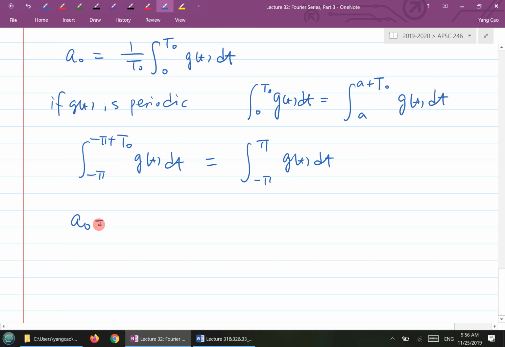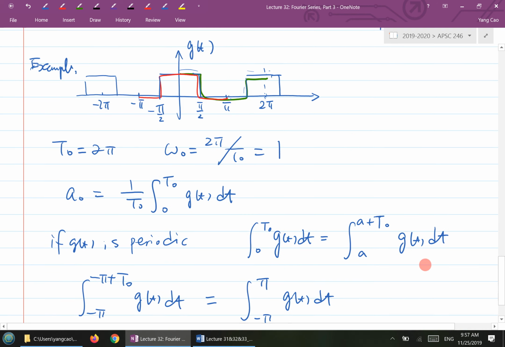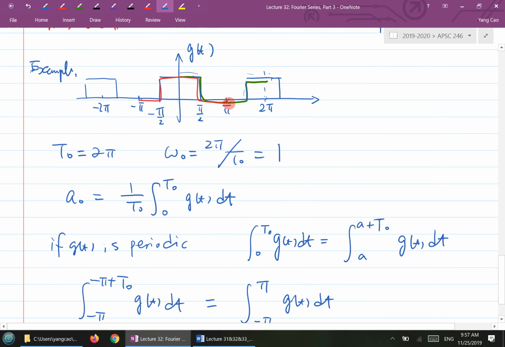So A naught equals 1 over T naught, integral from negative pi to pi of g of t dt. T naught is 2 pi, and when you're integrating from negative pi to pi, you notice that the function only exists between negative pi over 2 and pi over 2.